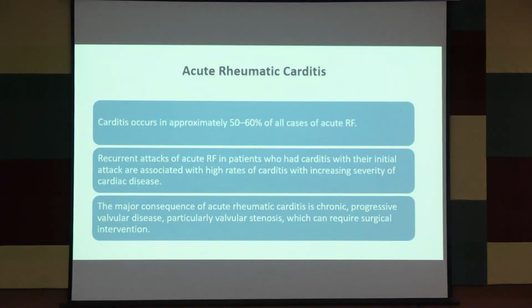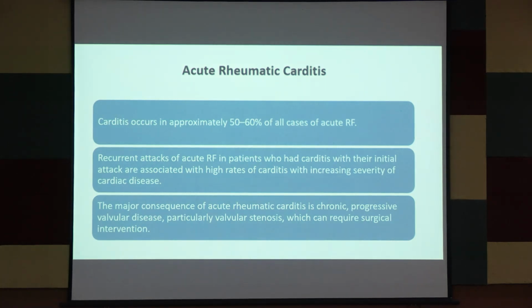We have discussed that carditis occurs in 60% of cases, and recurrent attacks of acute rheumatic fever give rise to more and more involvement of the heart. If one carditis occurs and repeated infection goes on, with repeated rheumatic carditis, there are more chances of damage to the valve.